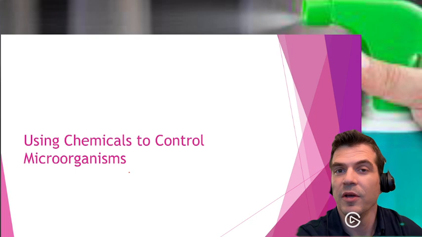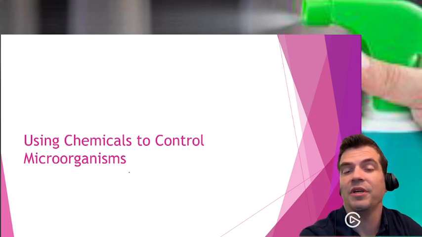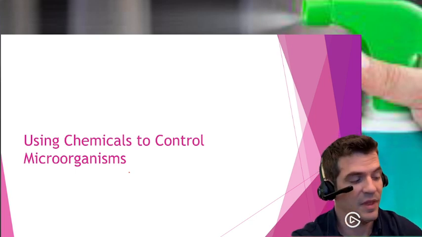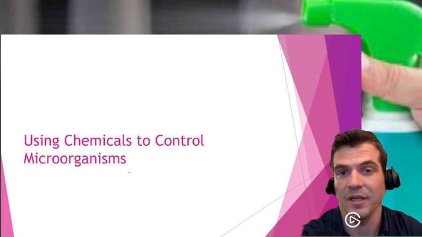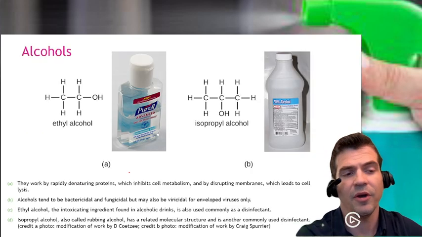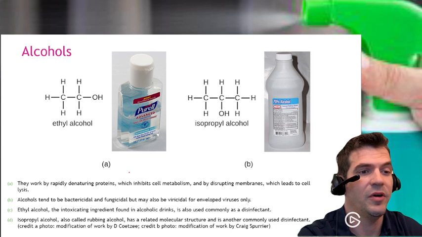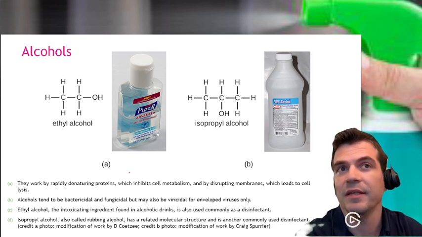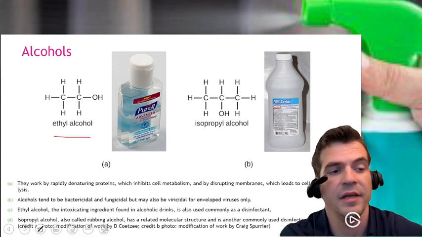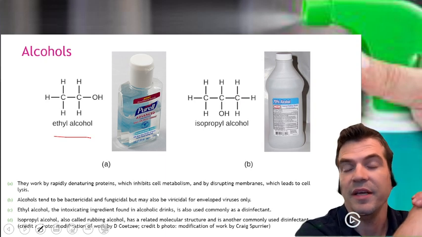Right now, we are doing the same thing with chemicals here, but these will not be in our body. These will be on the outside of our body. All right. So you've already been using this every day, right? Hand sanitizer, or maybe every day in 2020 at least.